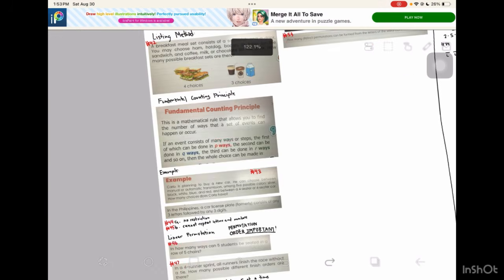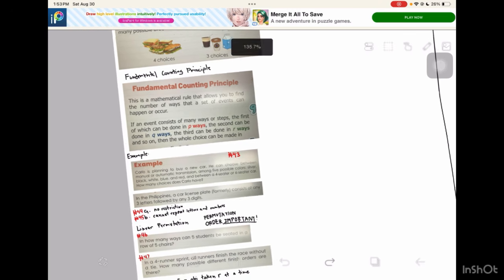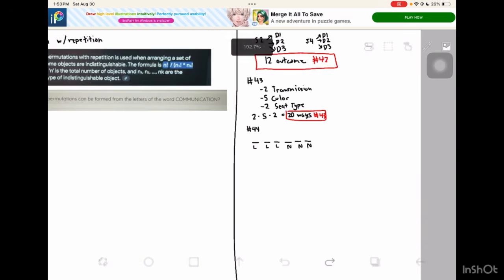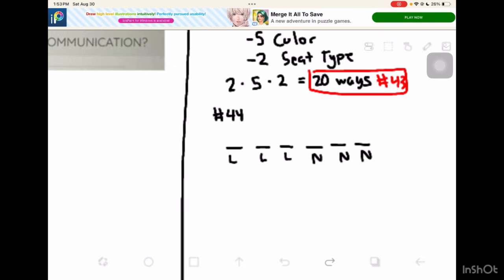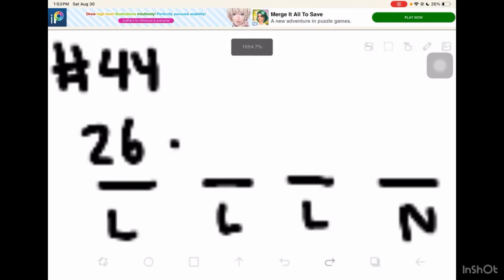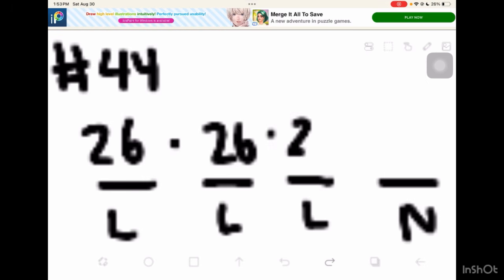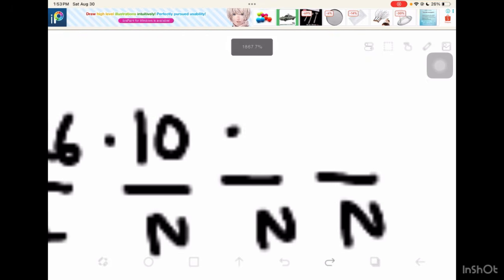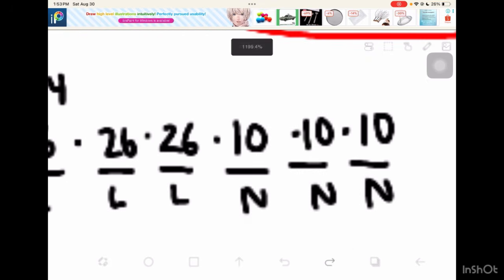It said there's no restriction, so we can repeat. So it's any letters, which is the English or Latin alphabet, which has 26 letters. So 26 times 26 times 26. Then we also have digits, so it's 10 times 10 times 10.